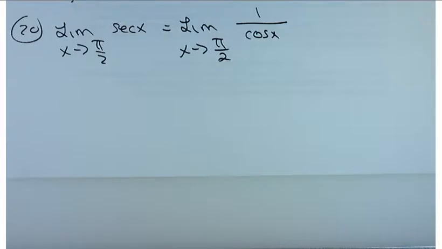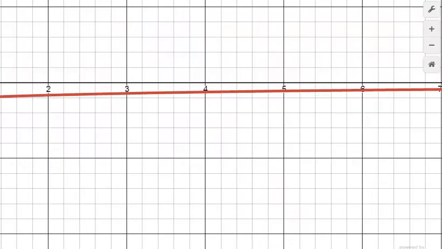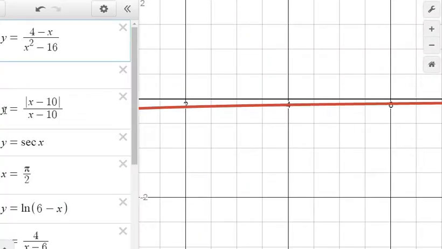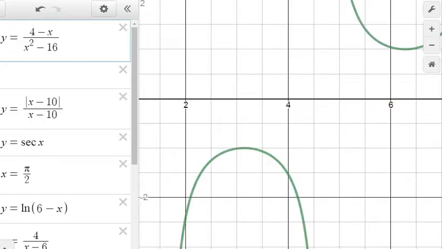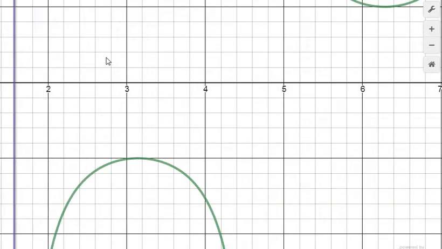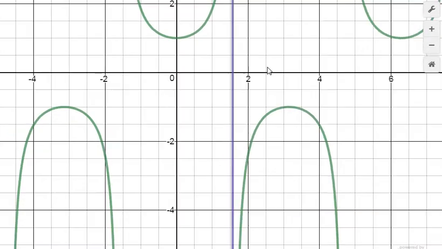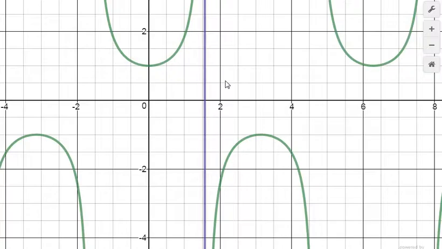Well, let's take a look at this graphically and see what we can see. So let's get rid of this one and turn on these two. So in green is the graph of the secant function, and in purple you've got the line x equals pi over 2. Let's kind of mix up the work a little bit.